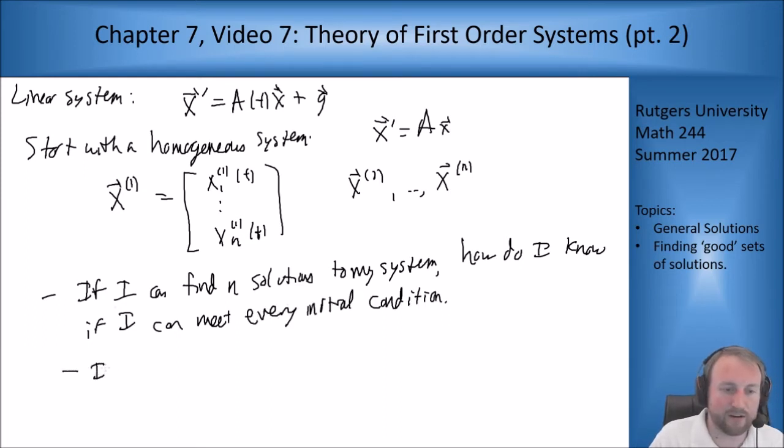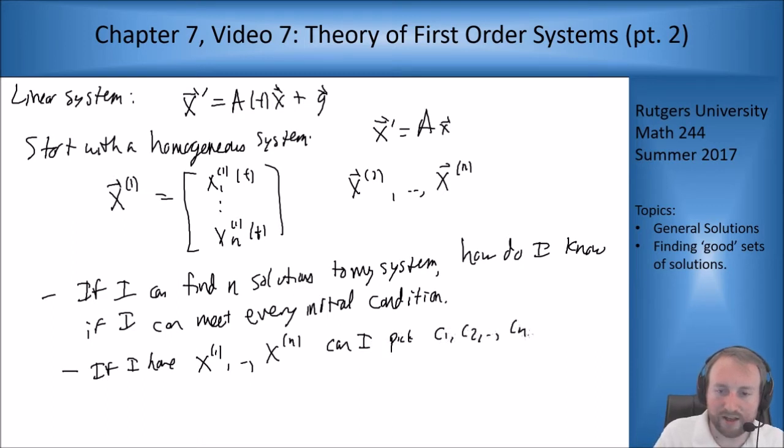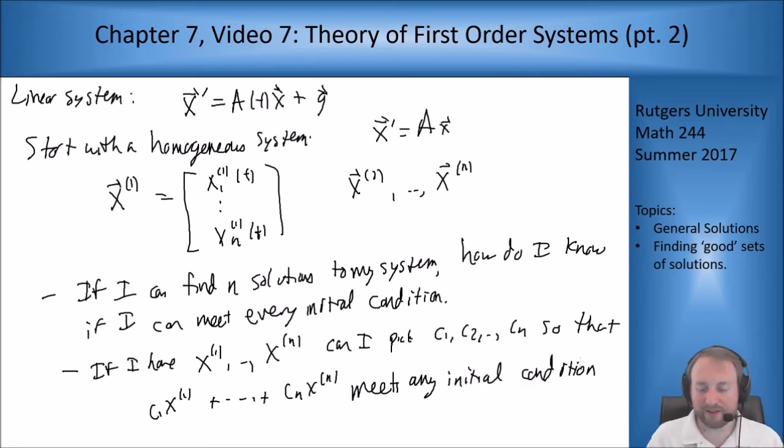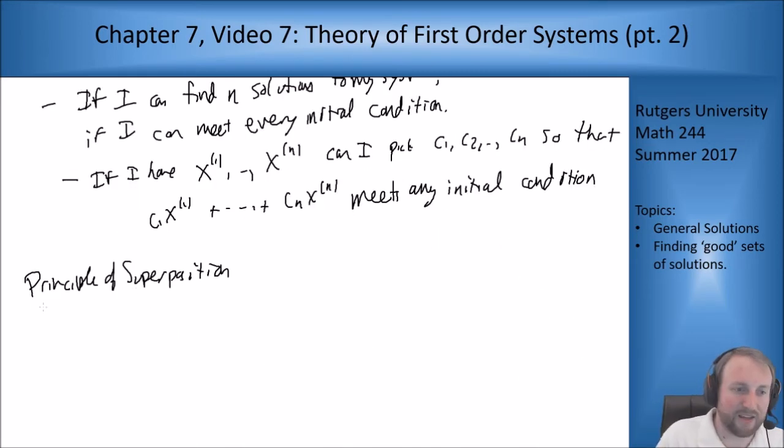So if I have x^1 through x^n as different solutions to my ODE, can I pick c1, c2, through cn so that c1 x^1 plus through cn x^n meets any initial condition, like our stuff from chapter 3? I need a couple things to start with. The first thing I needed was the idea of superposition. This said I could do these linear combination type things like I'm writing above.